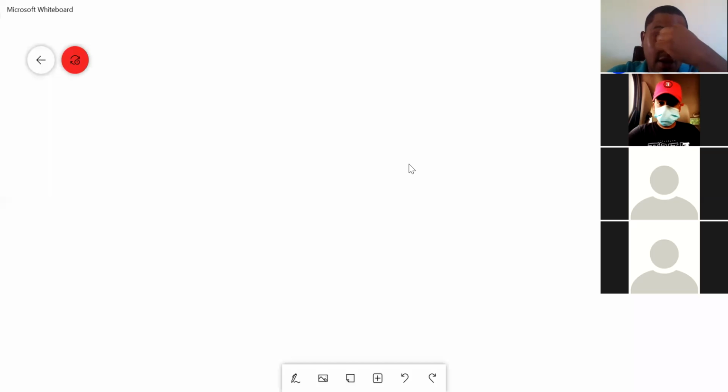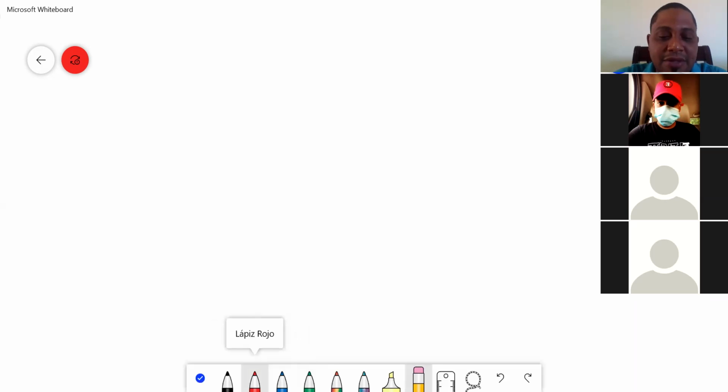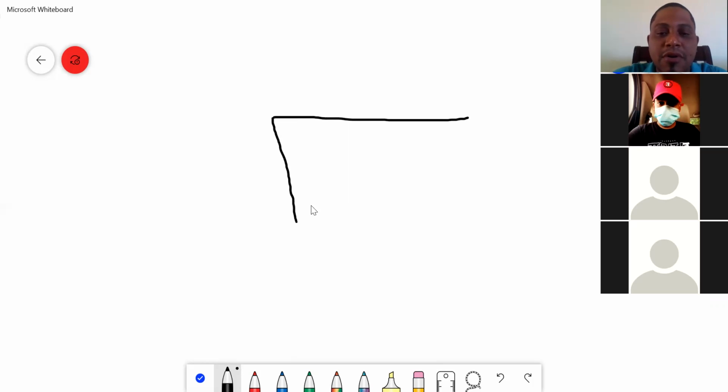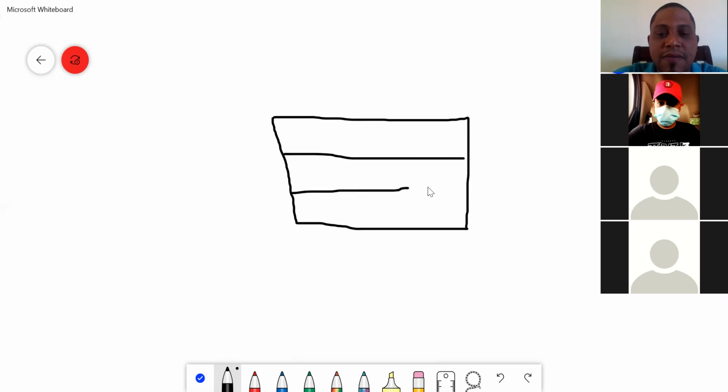So now, let me see if I can do this. In the book, sorry guys, I don't know how to draw here, but in the book, you had a little figure, a little chart like this. I don't know if you saw it.